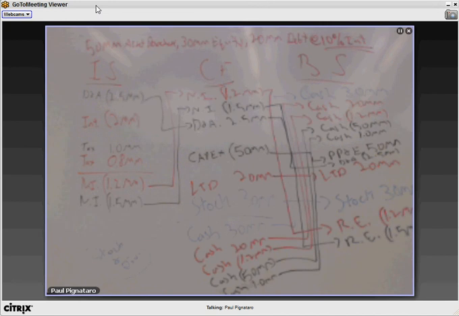So it would be 2 over the useful life, so 2 over 20, which is 10%, times the asset value of 50 million, so it's 5 million.